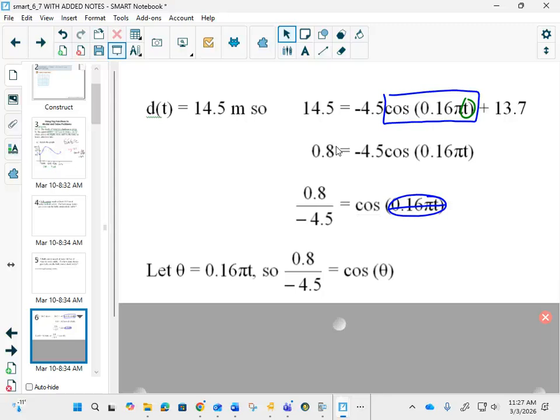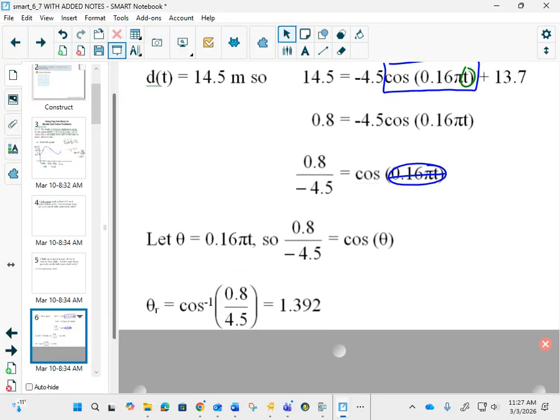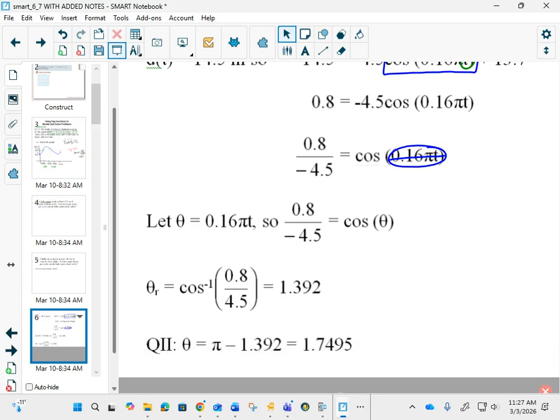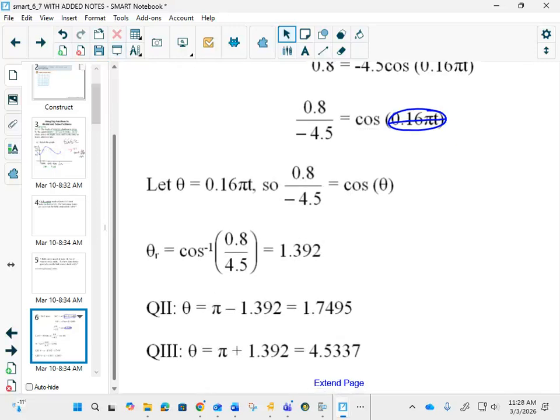So if I did that, I could solve for theta. I could find my reference angle to be 1.392, and then I could find it in quadrant 2 and also in quadrant 3. Perfect. But now these are equal to the theta, and since theta was this, I can now substitute back.